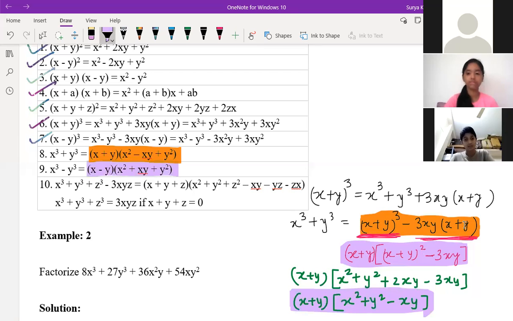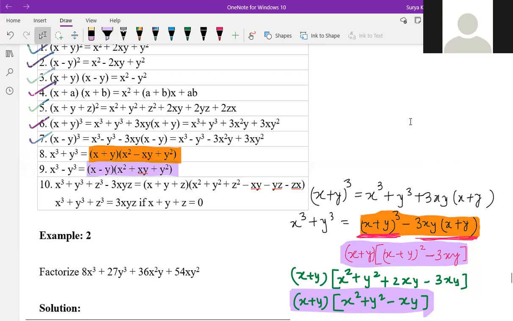So next, formula number 10. Can you see formula number 10? And do you know it from before or not? x plus y plus z into x square plus y square plus z square minus xy minus yz minus zx.